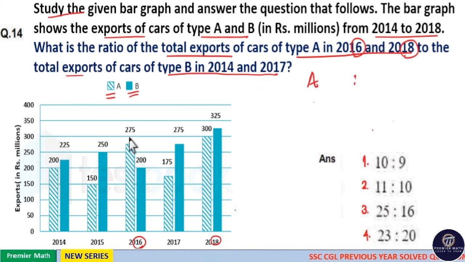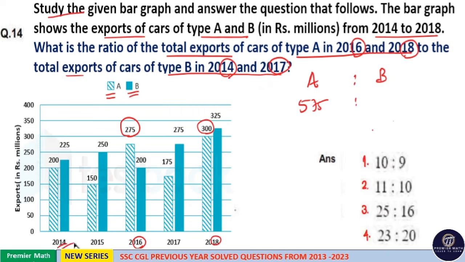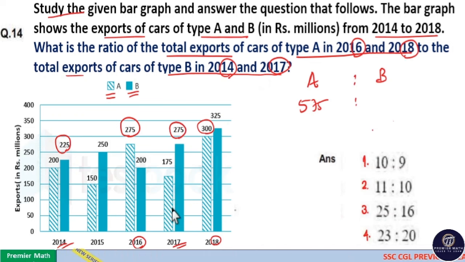So in 2016, A is equal to 275 and in 2018, A is equal to 300. So total 300 plus 275, 575, is to B in 2014 and 17. B is 225 in 2014 and 275 in 2017.